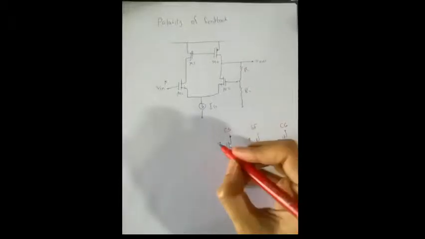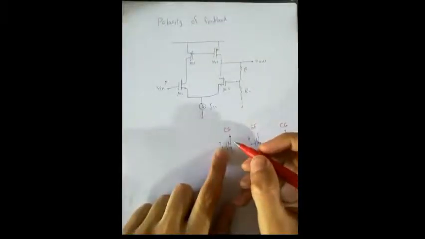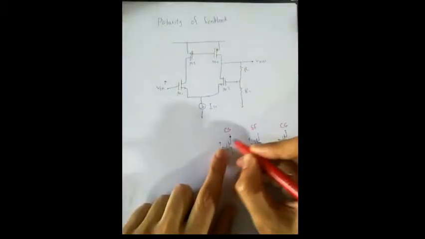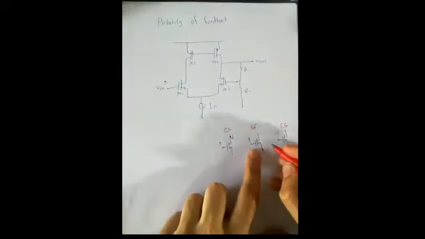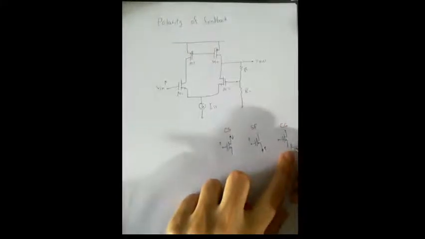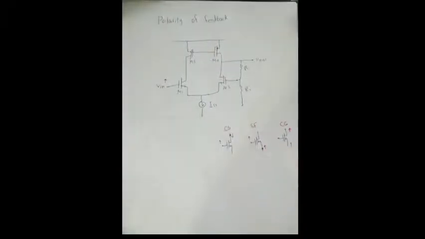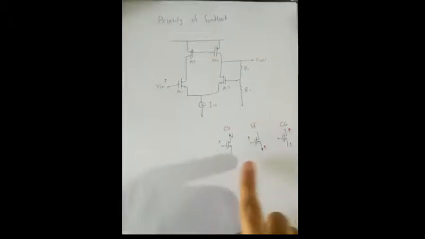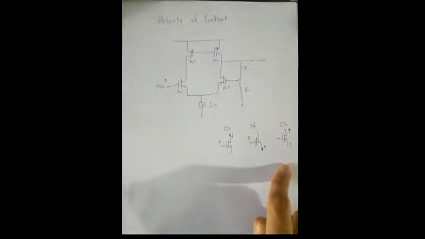So common source is an inverting amplifier. If you increase the input, you expect the drain to go down because of the negative sign. Source follower: if you increase the input, the output will also increase. And the common gate is also non-inverting, so increasing the input at the source will also increase the output at the drain. These are very important to know, otherwise you will mess up your calculation.